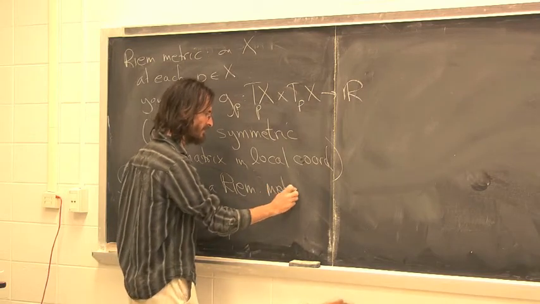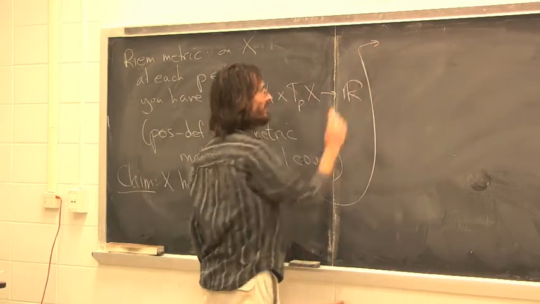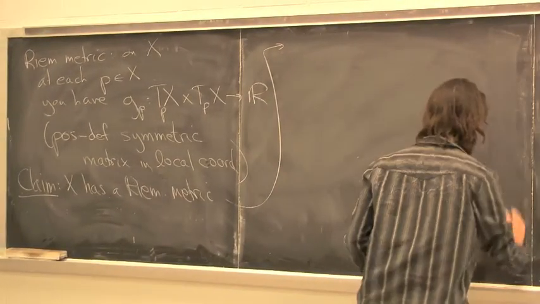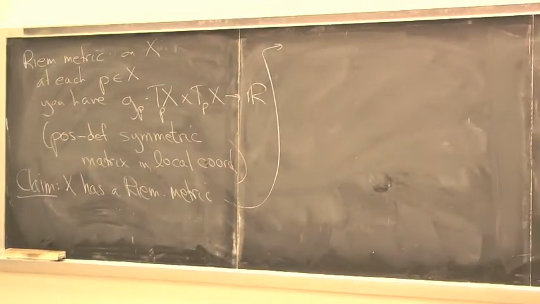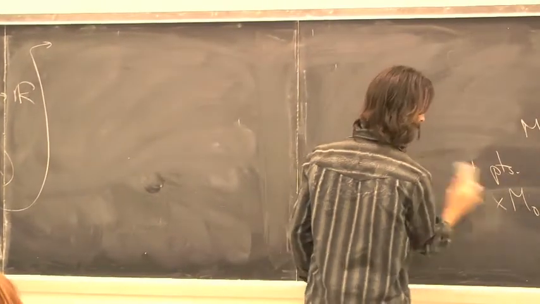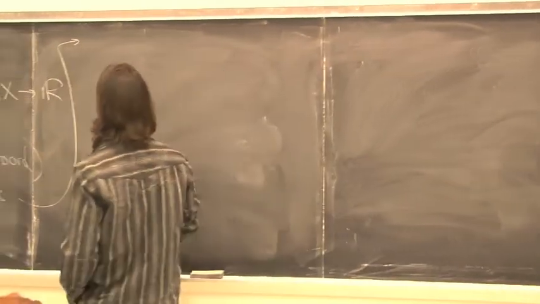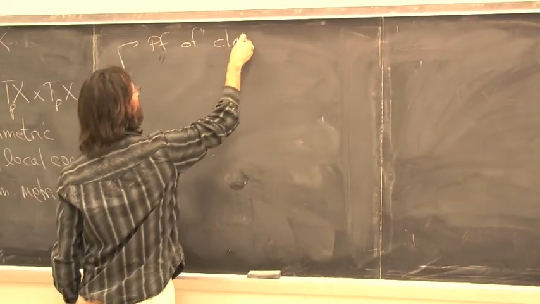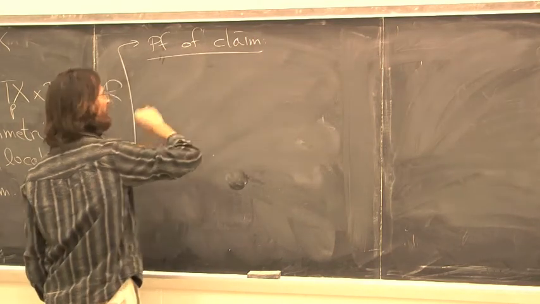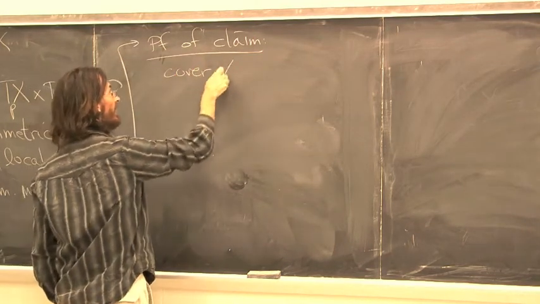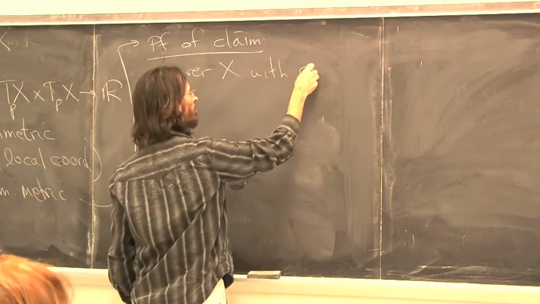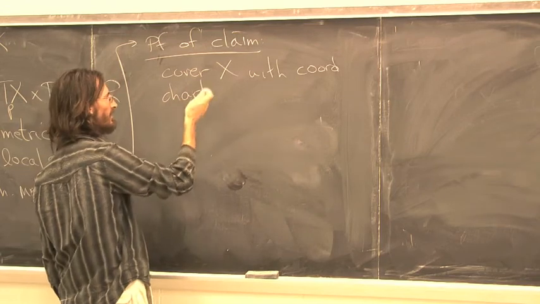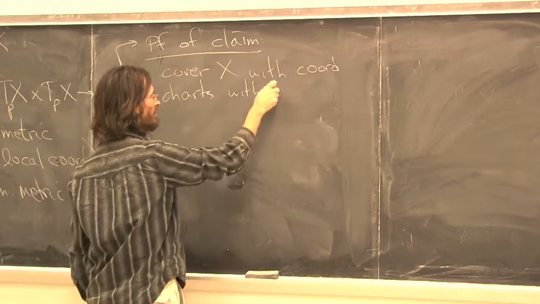And the way you produce this is as follows. I'm just going to sketch this. It's a partition of unity argument. So the proof of the claim is: cover X with coordinate charts with a partition of unity.